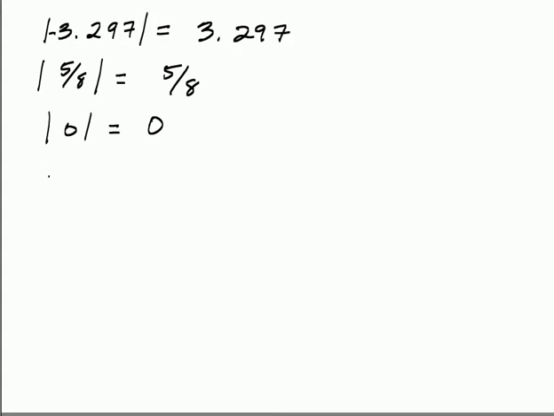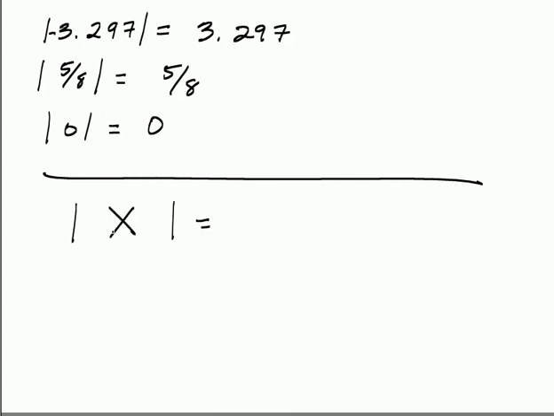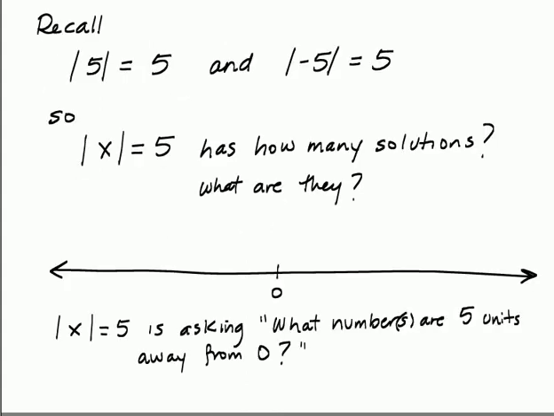Okay, now what we're going to see coming up though is we're not going to have numbers inside the absolute value. We're going to see x's, and we're going to have numbers over here, and in the first example it's going to be 5. So let's take a look at what that might mean. Recall that we just decided that the absolute value of 5 is 5, and the absolute value of -5 is 5.